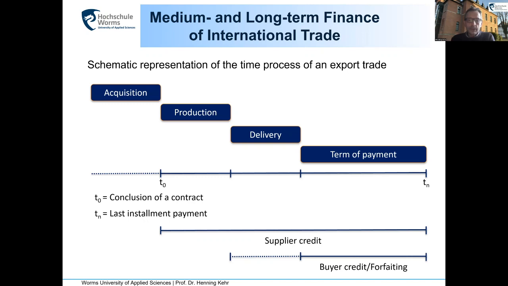Then you're producing, and if it's machinery, you need a certain time for production. Then you can deliver the product to the importing country, and then you have to give a certain time for payment. And at last, it is more than 2 or 3 or 4 years from the first acquisition to the last payment.